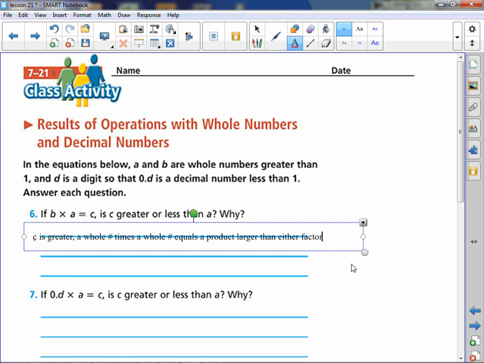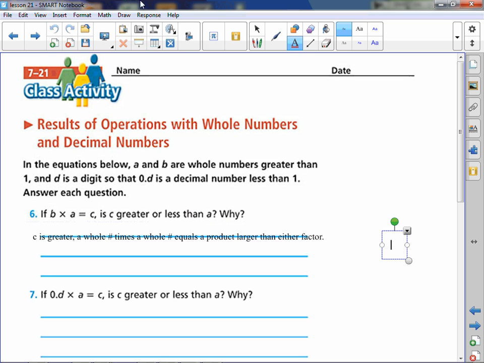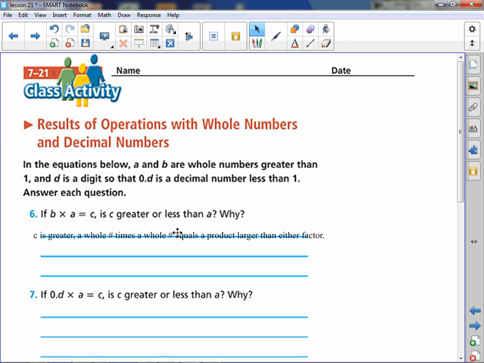That just makes sense. Whole number times a whole number, you're going to end up with a larger factor, okay? So I can get that to move up for you guys so it's not on that blue line. Okay, so then let's look at the next one.